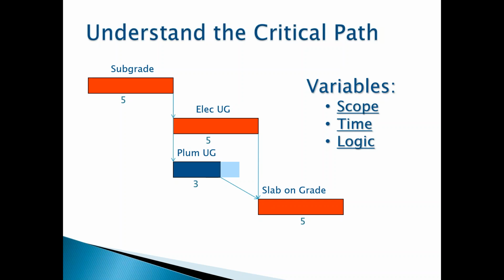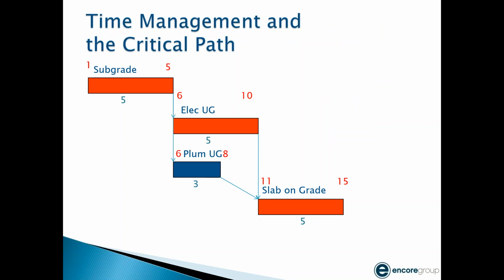You can see this visually, but how your scheduling software analyzes it is it goes through the process of calculating, starting in this case on day 1. If my subgrade starts on Monday morning, for example, it'll finish at the end of day on day 5.